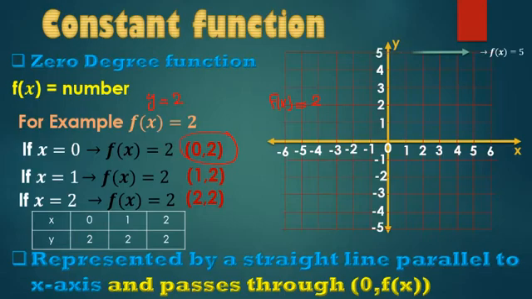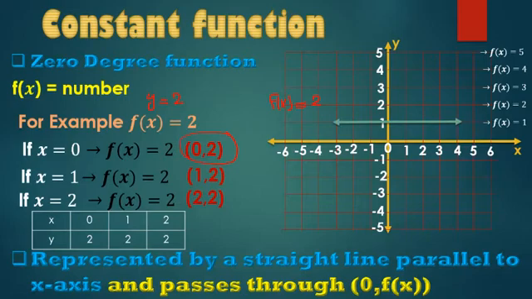Another example, if we have a straight line passing through 4, its rule is f of x equals 4. Another example, a line passing through 3, it's f of x equals 3, and here f of x equals 2, it passes through 2, and here f of x equals 1 because it passes through 1.